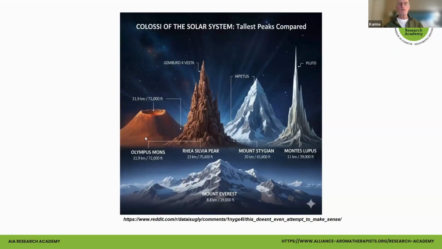Not only that, but 72,000 feet in the Olympus Mons is much less than 65,000 feet, or much less than 39,000 feet. So they're not to scale at all. So this is a very bad graph. As someone says, this doesn't even attempt to make sense.